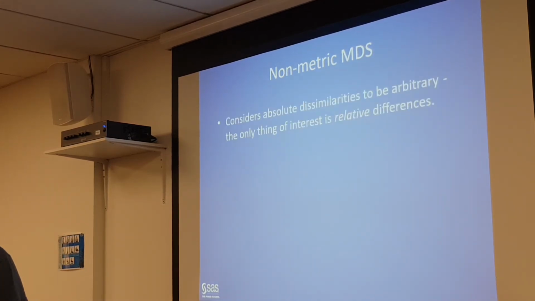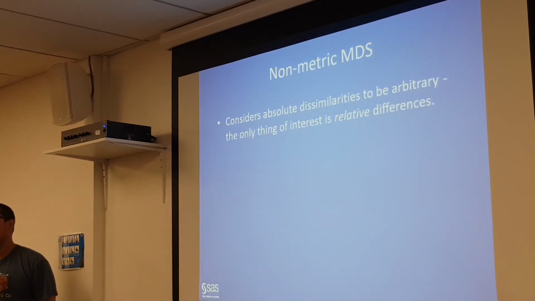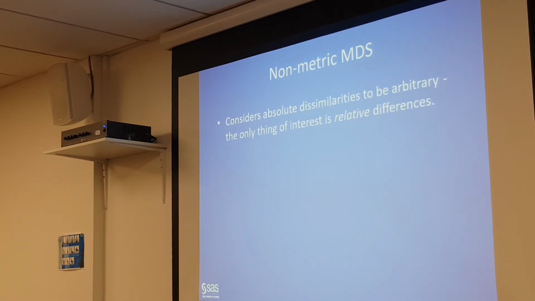So what are we doing in non-metric MDS? We're considering the actual values to be somewhat arbitrary. The only thing that is of interest to us is the ranks of the distances. In other words, the relative differences. Right? So I'm basically ranking which distances are the most distant to one another, from 1 to the closest pair of points to the least close pair of points.